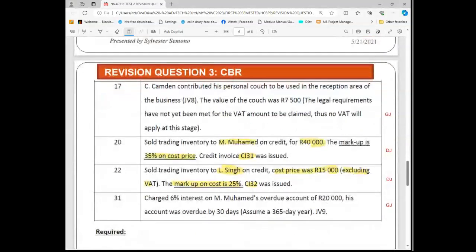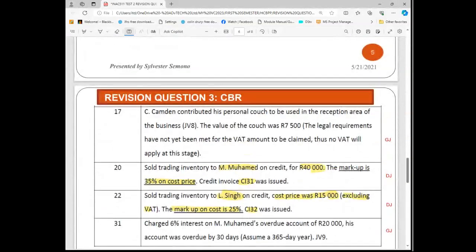Okay, the amount is 15,000, excluding VAT. So it's going to go under the sales column. Just read that 15,000 carefully. What is that 15,000? It is cost price, so I can't put it under sales.